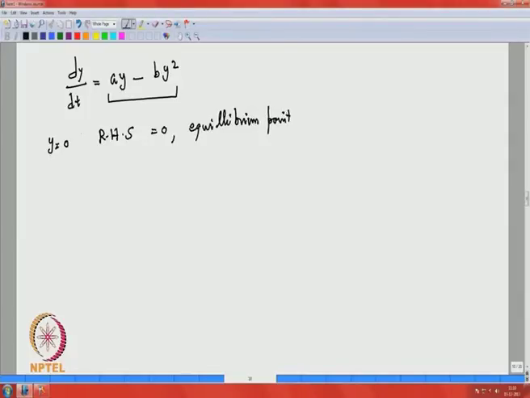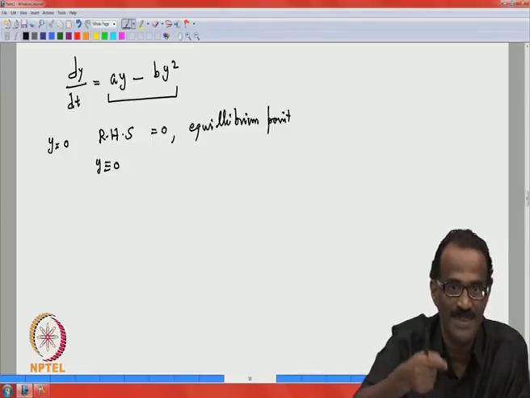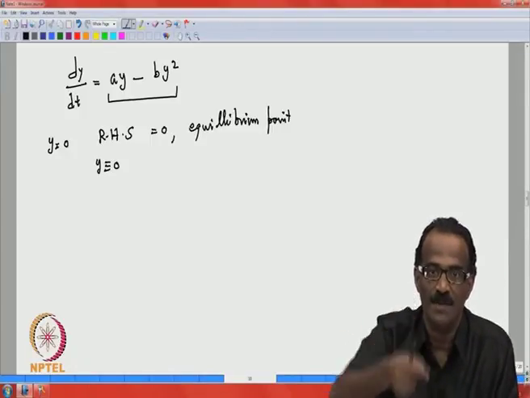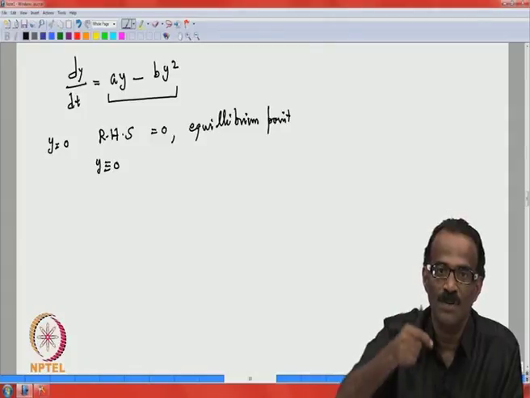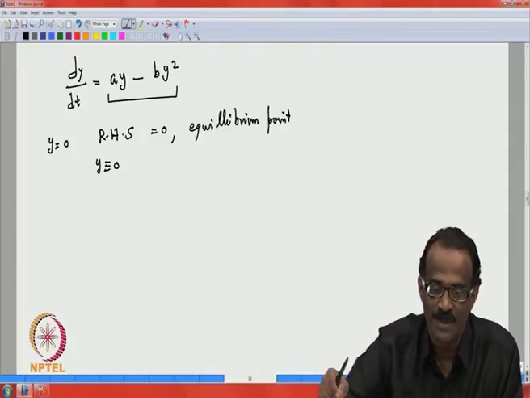Whenever you have y equal to 0 and the solution starts at 0 at t naught, then dy by dt will be 0 and it remains 0. So you get y equal to 0 as an identical solution, it does not move. So it is an equilibrium point. If the solution starts from 0, the solution will remain 0 all the time.